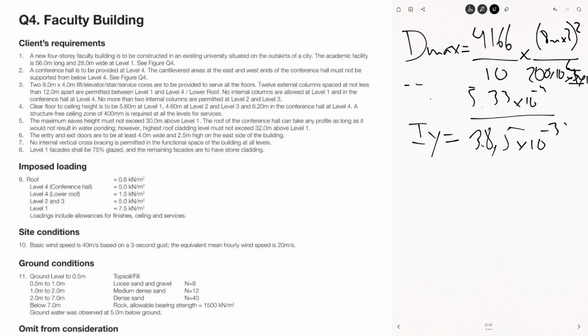It gave us the maximum deflection, the approximation of the maximum deflection, in meters, which is 0.014 meters.